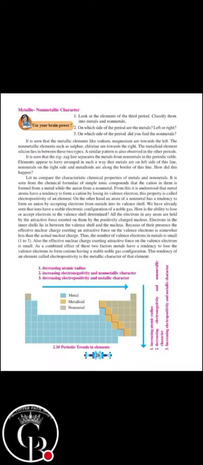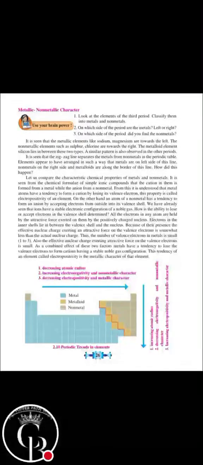While going from left to right within a period, the outermost shell remains the same. However, the positive charge on the nucleus goes on increasing while the atomic radius goes on decreasing, and thus the effective nuclear charge goes on increasing. Thereby the valency electrons are held with a greater effective attractive force.